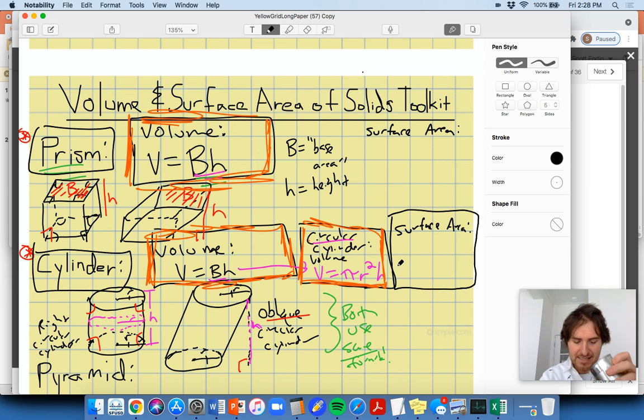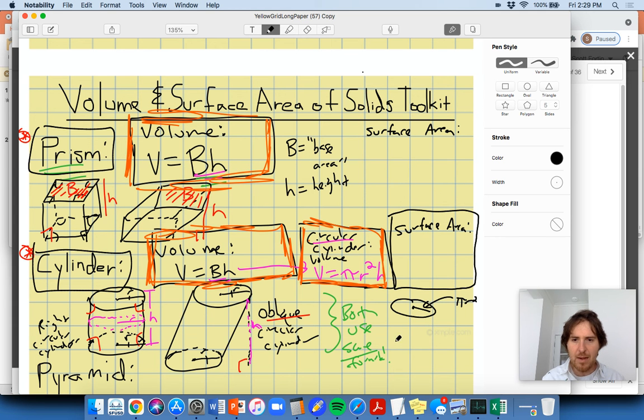Reminders on this. I have a radius of r. Okay, my Sharpie's working again here, so I can do it. Radius of r right here. So what's my area of this base? Well, if I have a cylinder, the area of this is going to be pi r squared.